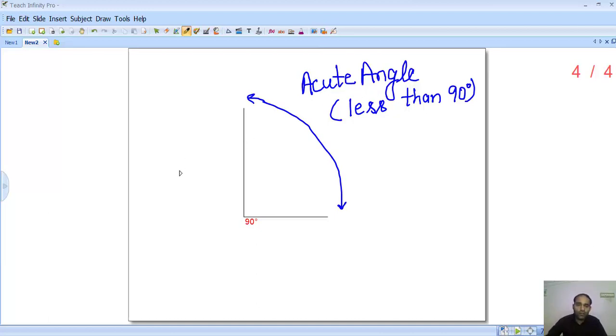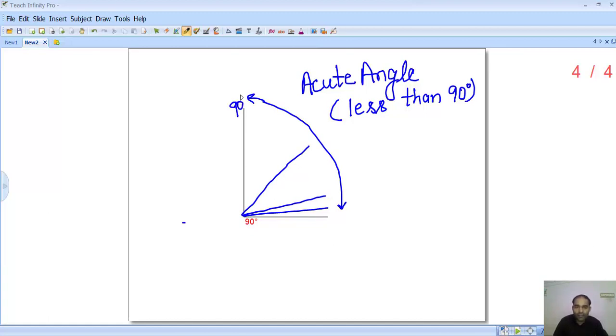If you take any angle this side, okay, let me draw one angle for you. Let's suppose if I draw this angle, this is less than 90-degree, it is an acute angle. Now if I make another angle from here, this is less than 90-degree angle, this is also an acute angle. This is the 90-degree angle.